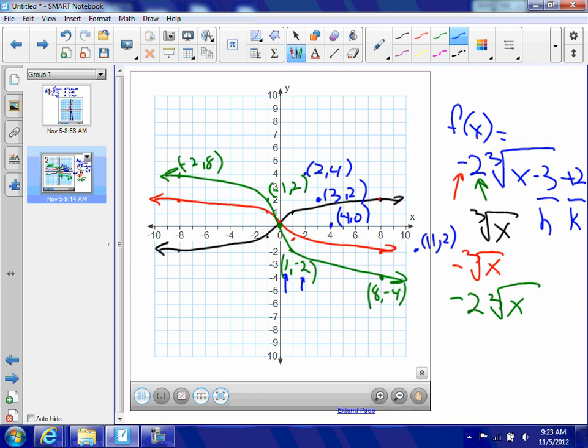Is that right? I wrote this wrong. I think nobody caught me. Yes, please. 11, negative 2. It is. Thank you. It is 11, negative 2. And this point over here isn't negative 2, 8. It's negative 8, 4. I don't know what I was thinking when I wrote that.